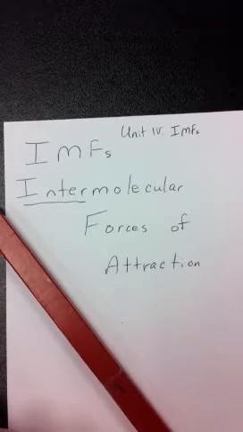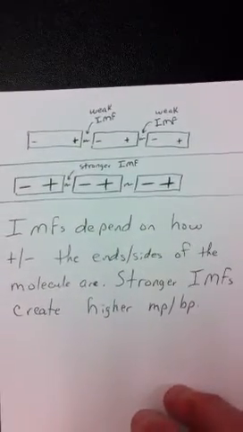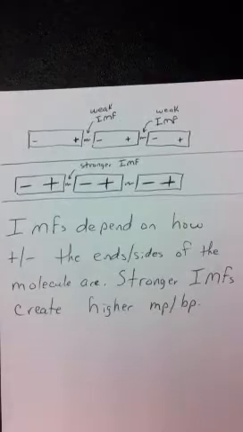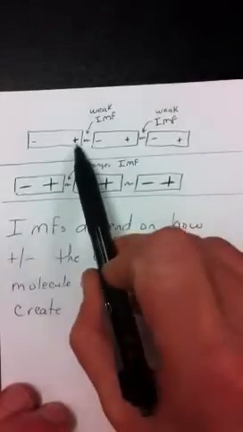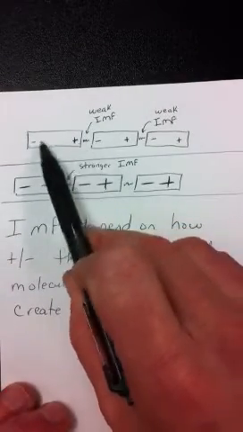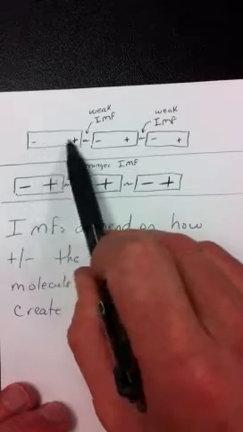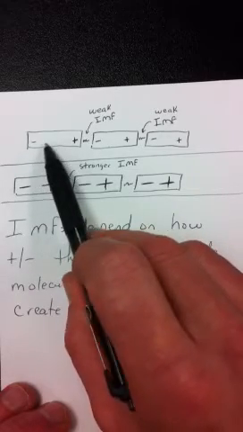Now the intermolecular forces of attraction, they can be very strong or they can be very weak. It depends on how positive and negative the molecules are. This represents a molecule.